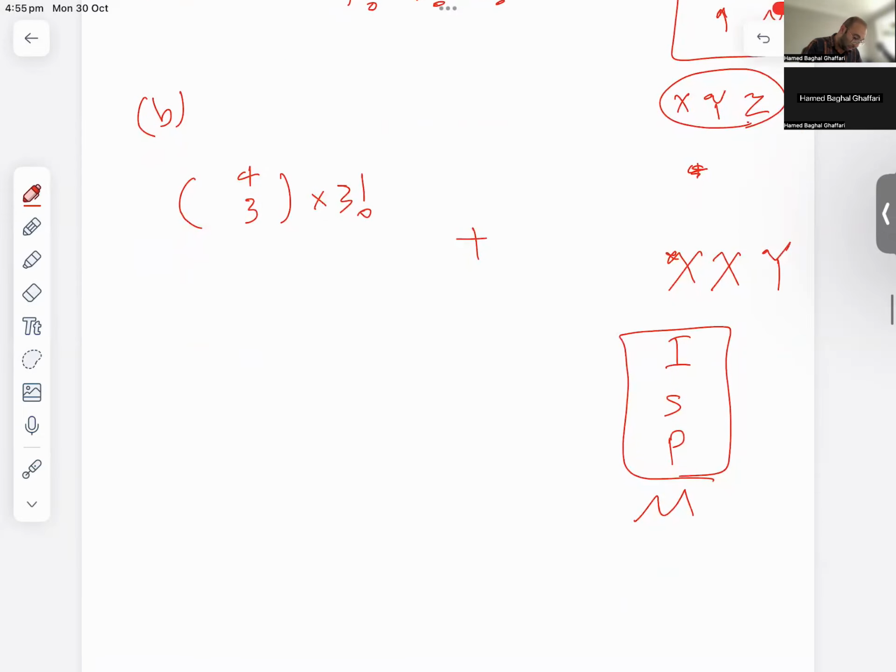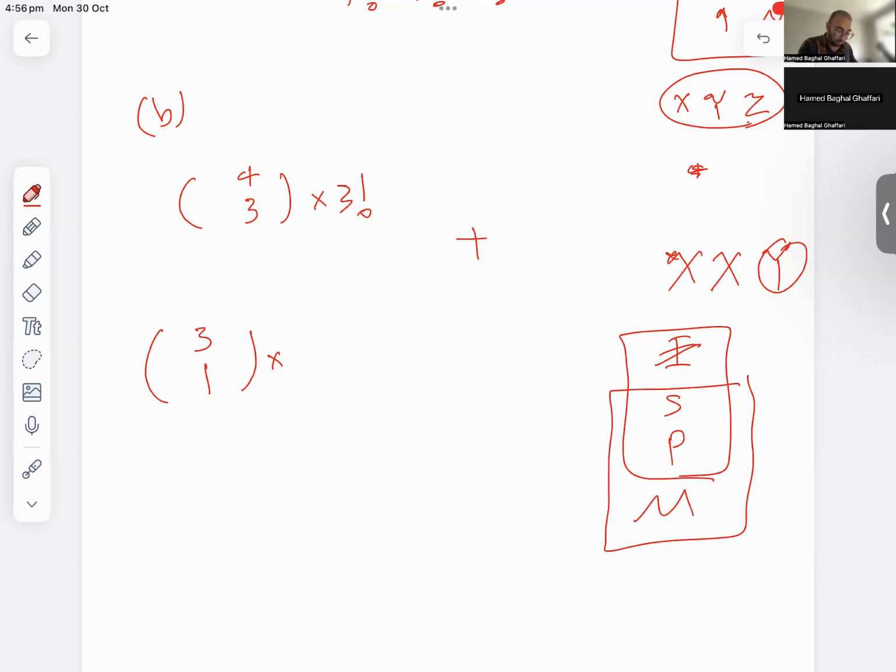So the answer for this part will be choosing one of the letters among 3 options, let's say I, and then we will have 3 options to choose for the other one. So this will be in 3 ways.